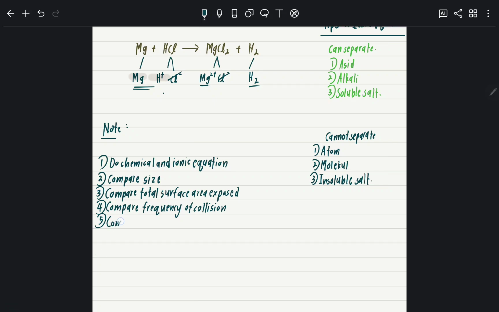Then compare the frequency of effective collision. Then your last sentence, the sixth one, is compare rate of reaction. So you should compare properly. If you don't understand any part, that's a problem. So these are the 6 steps and you will have 5 sentences. Number 2 until number 6 are your sentences.